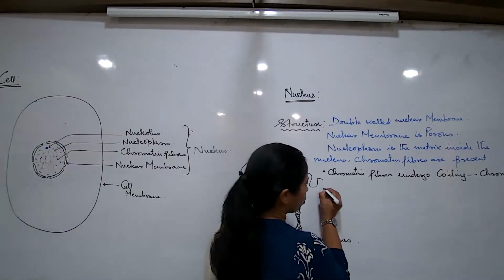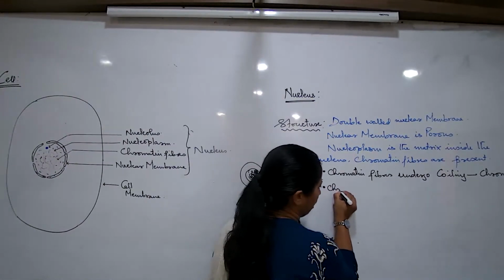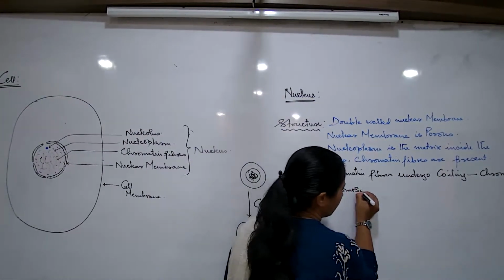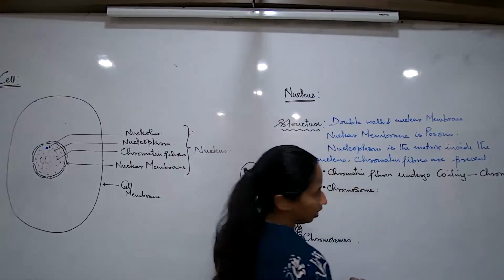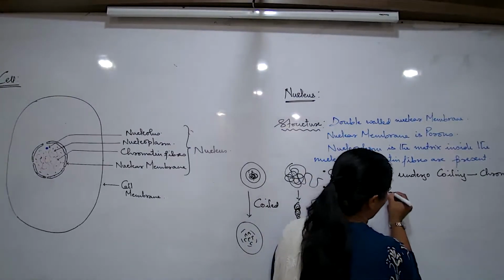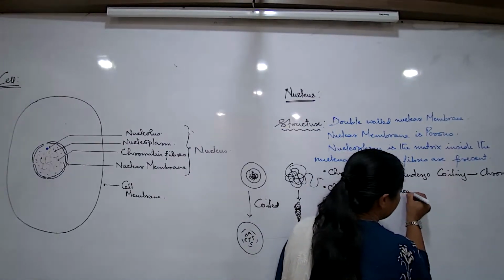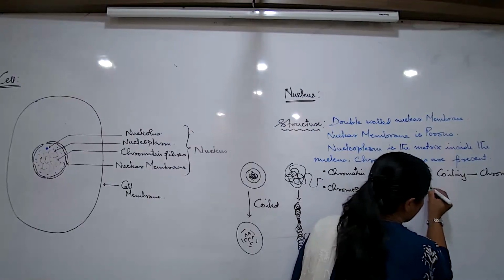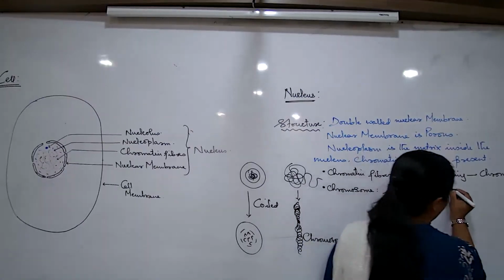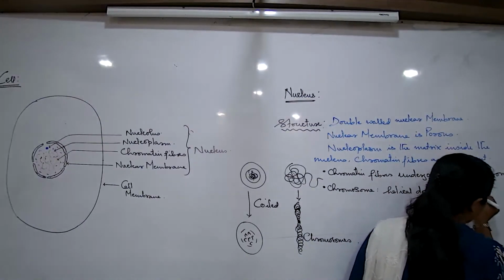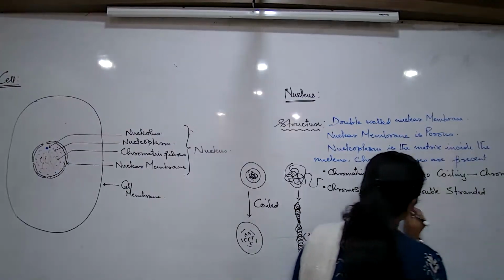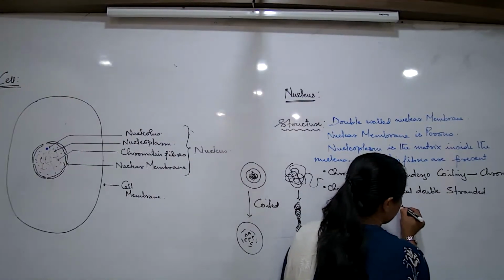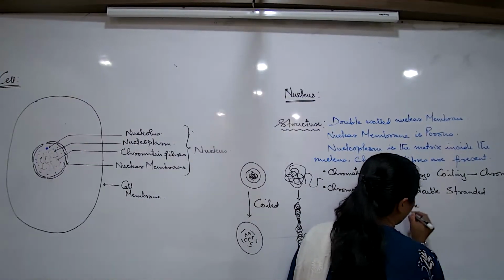What are these chromosomes made up of? Every single chromosome that we understand is made up of a helical double-stranded structure. And what is this helical double-stranded structure known as?